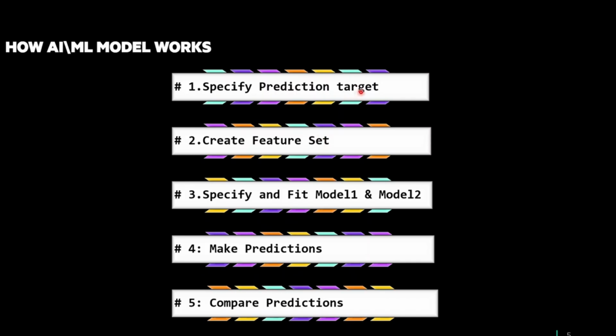Once we have the prediction target and feature set, we can initialize model 1 and 2. Model 1, as we talked about, with the help of the decision tree, and model 2 with the random forest regressor. Once we have the predictions, we'll compare them and see which model is giving the closest prediction.